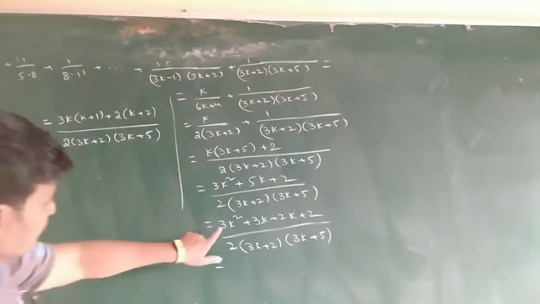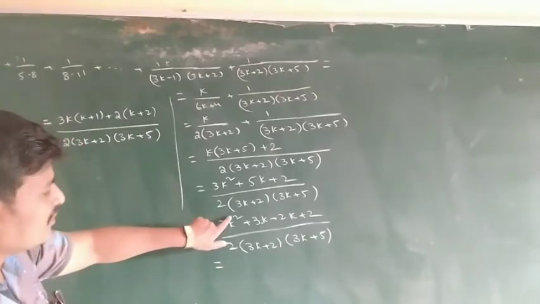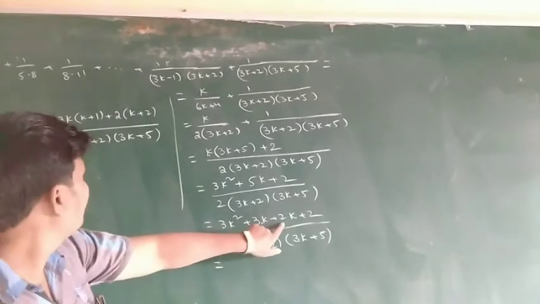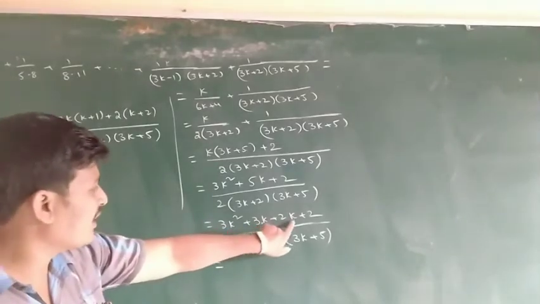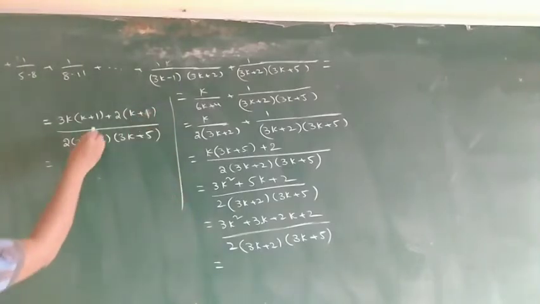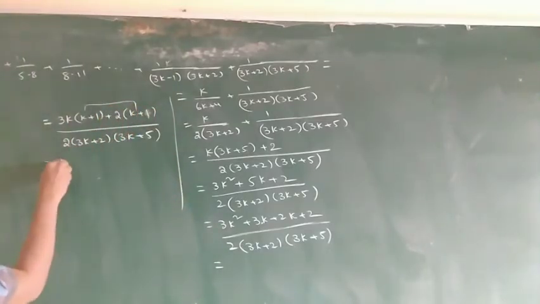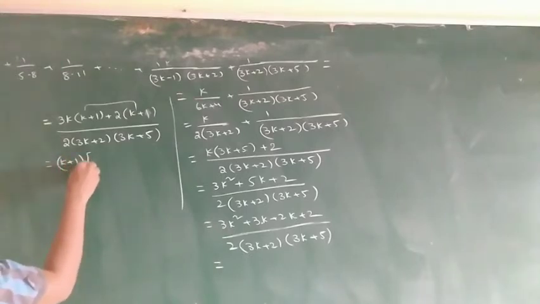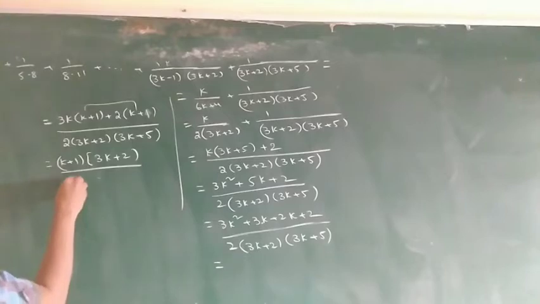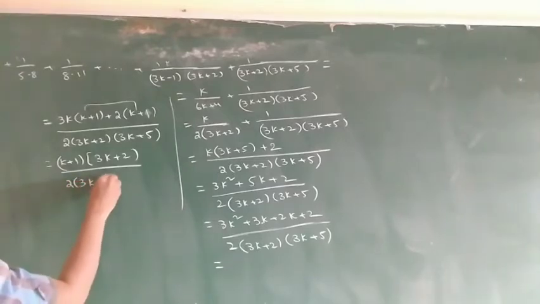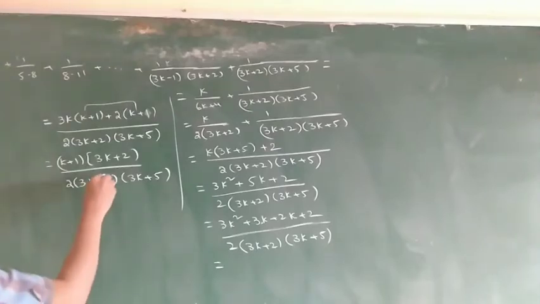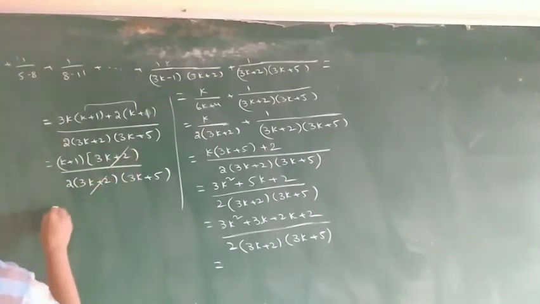So finally k plus 1 common: k plus 1 into 3k plus 2 by 2 into 3k plus 2 into 3k plus 5. So 3k plus 2, 3k plus 2 cancel.